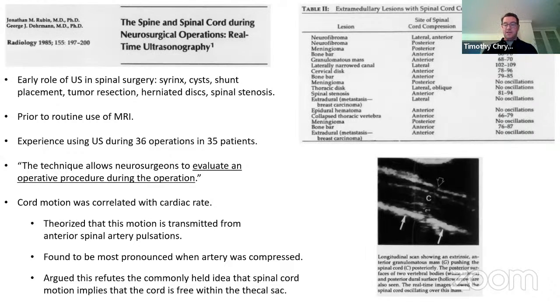I've certainly seen cases that are just very, very nicely, widely decompressed, and you can see cord pulsatility. So I don't know. It would certainly be something that I think would require further study. But I did throw this out here. It was certainly one part of all this that there historically has been some controversy with.